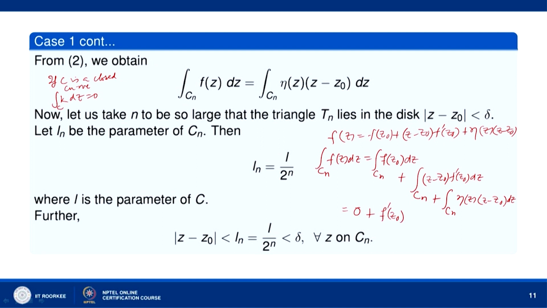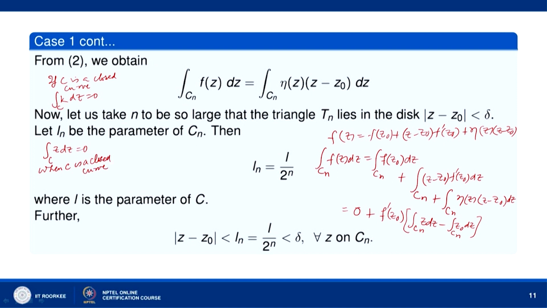Now, the integral over Cn of (z minus z0) dz can be written as the integral over Cn of z dz minus the integral over Cn of z0 dz. We have also proved that the integral over C of z dz equals 0 when C is a simple closed curve.